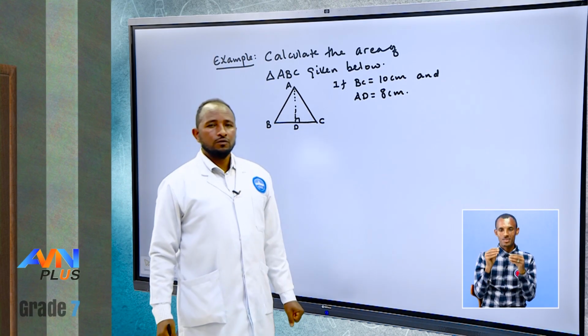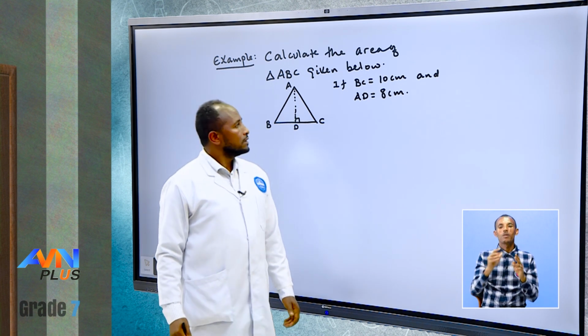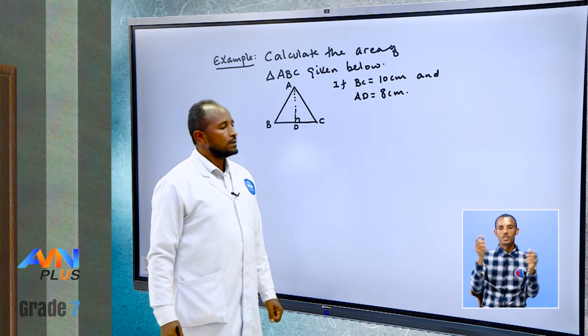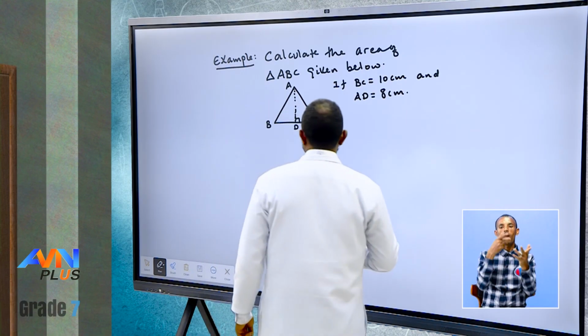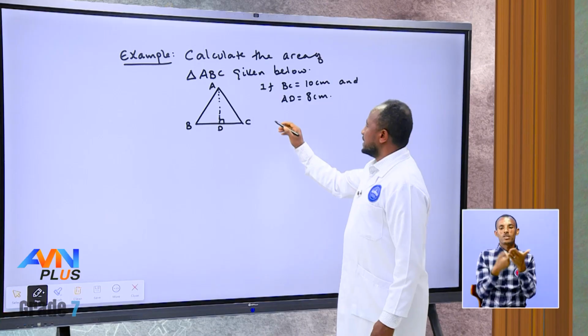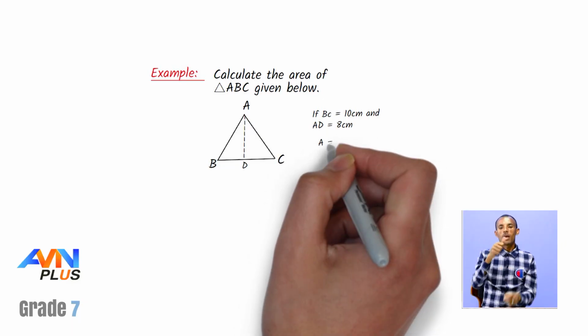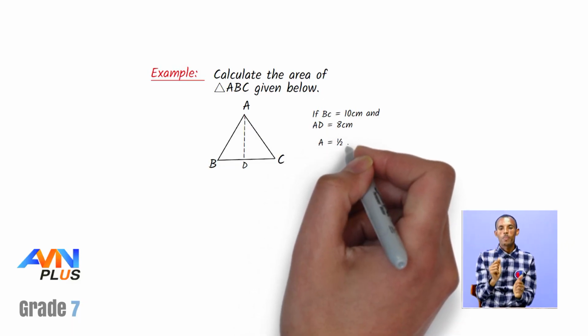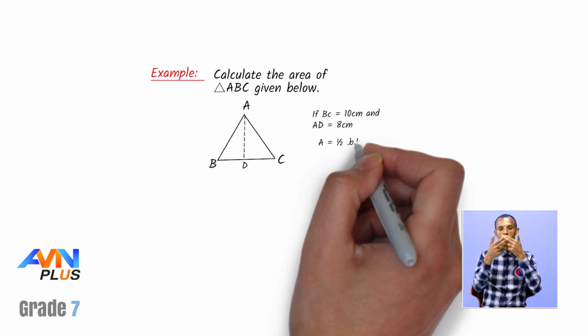Students, have you tried the question? Good. Now let's see the answer. Okay, here to calculate the area of this triangle, area is equal to half times base times height.